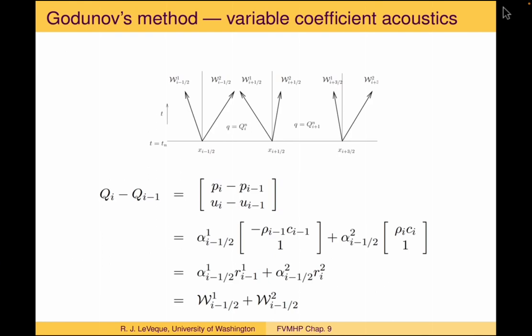So how would we use this in a finite volume method? Well, we would think of taking our initial data and, as usual, viewing it as piecewise constant if we just want to use Godunov's method.